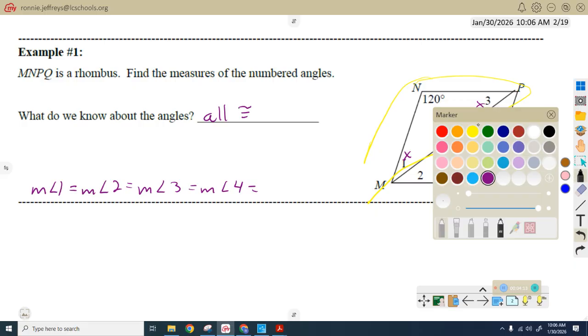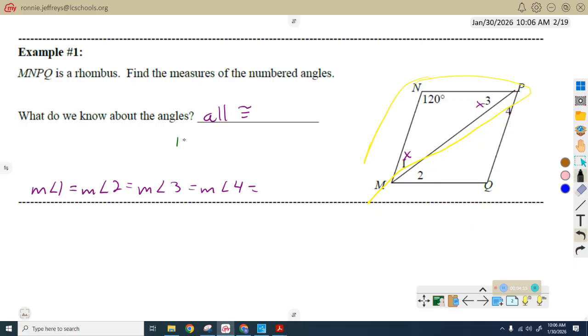So 180 minus 120, and we're going to divide it by 2 because they're the same. Alright, well, this is 60 divided by 2, which is 30. 30 degrees. Because remember, it's an angle measure.